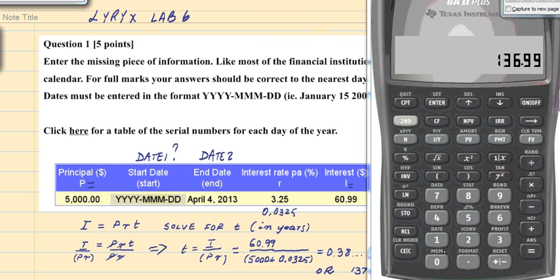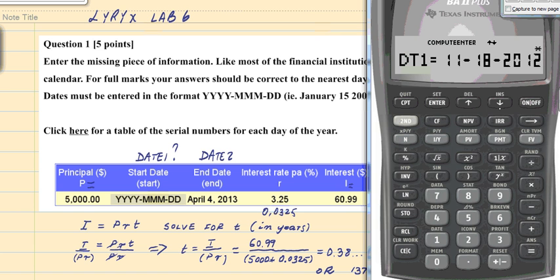So now we're going to put in the second function and days. We don't have a date 1, but we have a date 2. So date 2 is April 4th, so the month is 04, and year 2013, so the last 2 digits, and we're going to enter that.